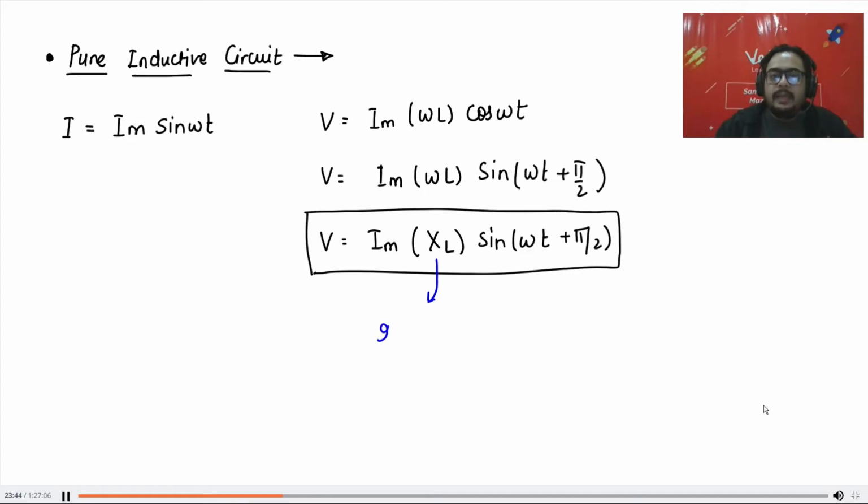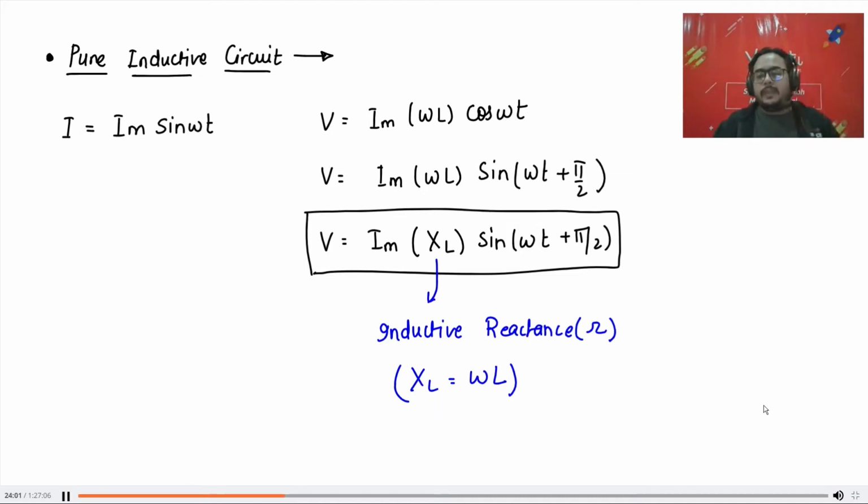Here XL is called the inductive reactance. And its unit is also ohm only. And the value of XL is simply omega L. See, you know Ohm's law. Everyone knows Ohm's law. What is V according to Ohm's law?